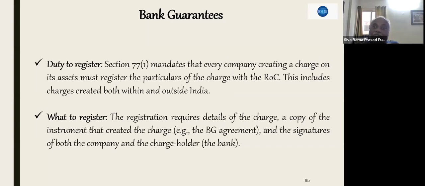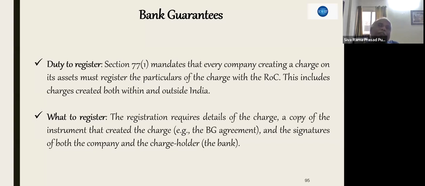Duty of the registrar: Section 77, subsection 1 mandates that every company creating a charge on an asset must register the particulars of the charge with the ROC. This includes charges created both within and outside India. What to register? The registration requires the details of the charge, a copy of the instrument and bank guarantee, and signatures of both the company and the charge holder, the bank.